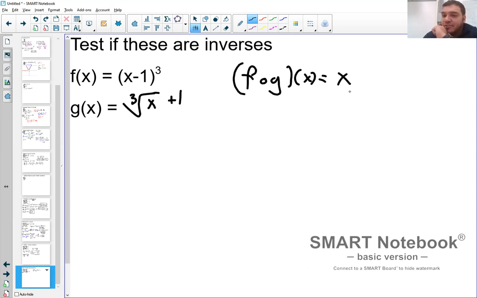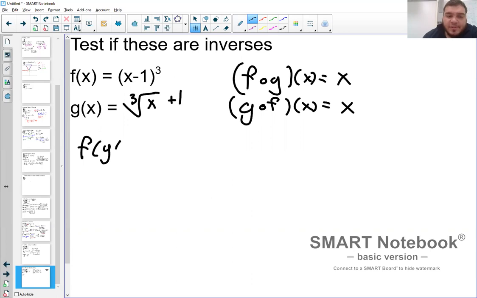Just the variable x. So let's see if that happens. Also, you have to do g of f of x and see that also results in an x. So if you do a composite function, which is the function in the function, they should both be just x. So I'm going to do the first one here.